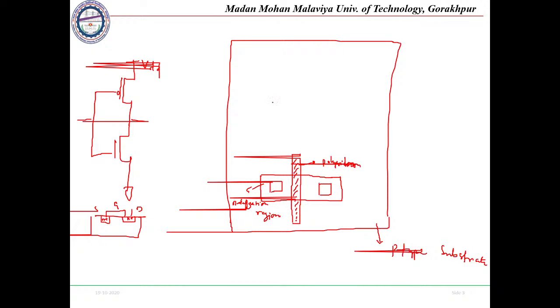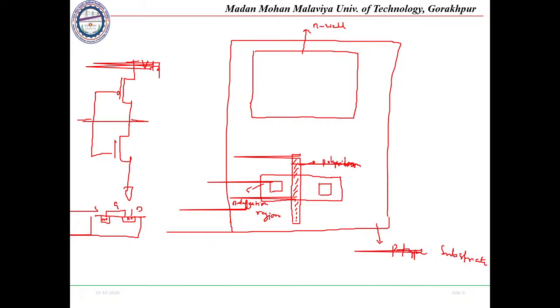Okay. Design is layout. But for the PMOS, inside this P substrate, we should be depositing an N well. Before depositing the different layers of PMOS, we will be depositing an N well region.